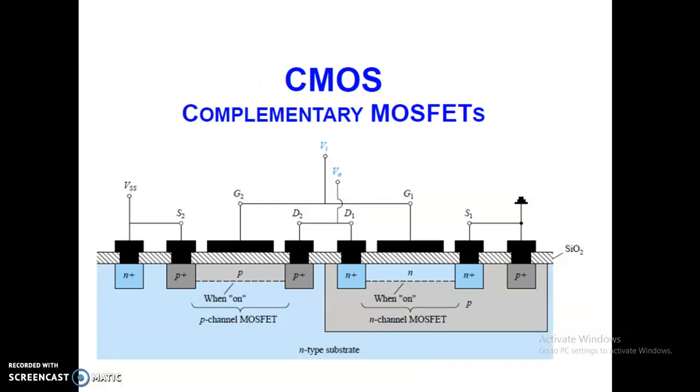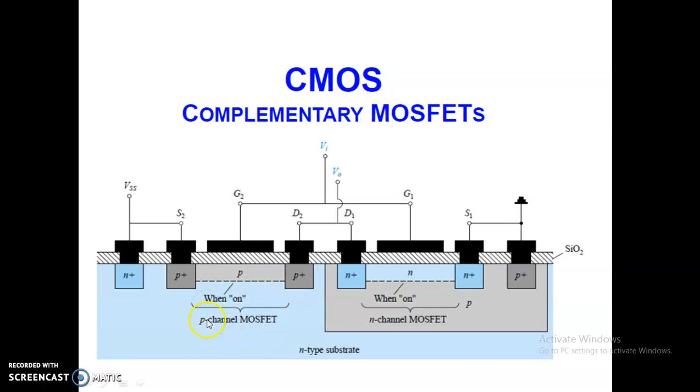The last topic is CMOS, complementary MOSFET. Sometimes it is asked in the GTU exam. Here you can see the construction. The technology uses both N and P channel devices in the same circuit.